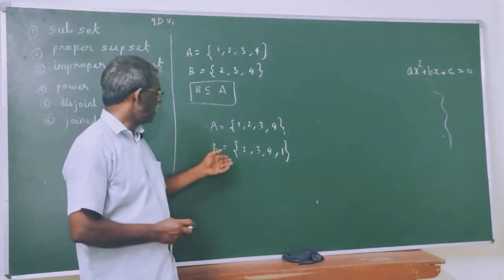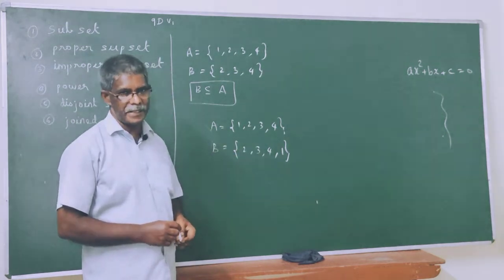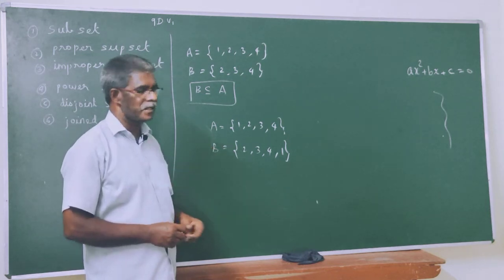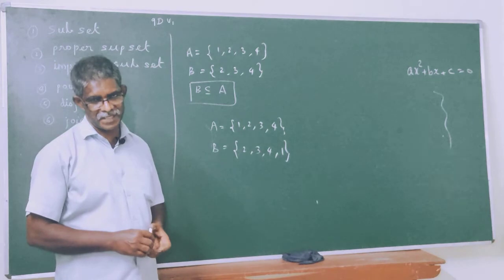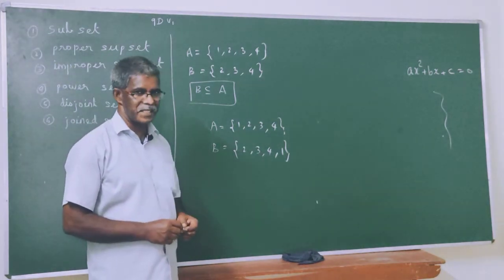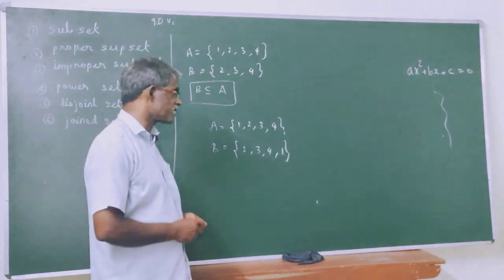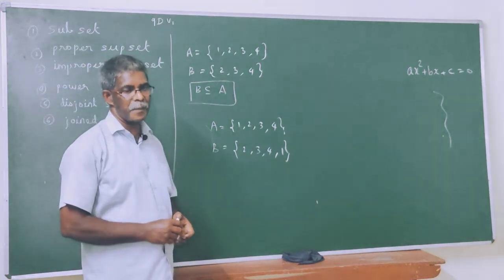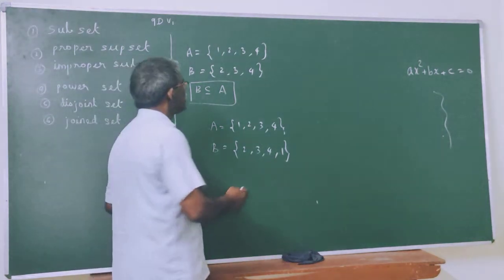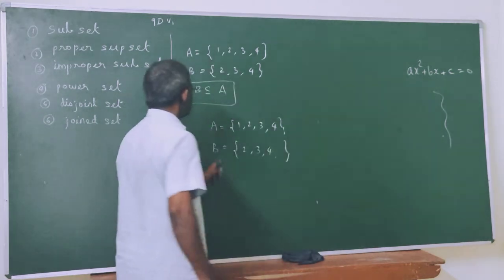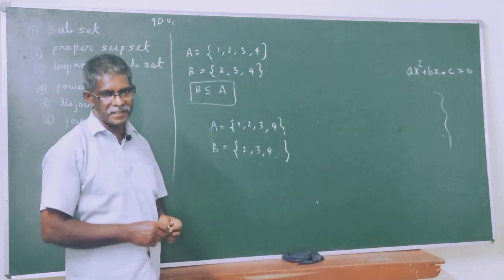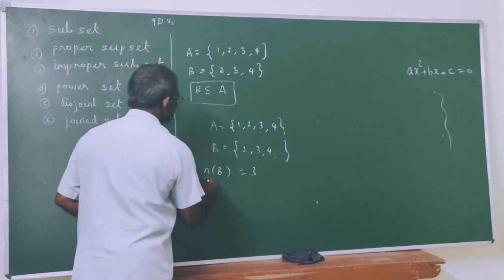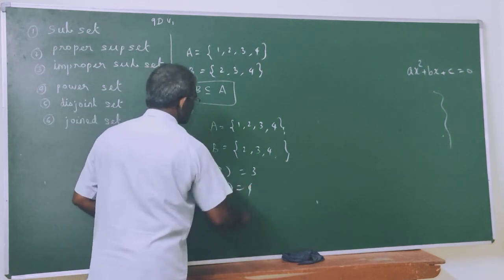And one more condition: all the elements of B are in A. Here B is contained in A, but A is also contained in B, so we can't say B is a proper subset. If it is a proper subset, at least one element must be fewer than in set A. Then only can we say B is a proper subset of A. So if you remove the 1, now B is a proper subset of A. The reason is n(B) equals 3 and n(A) equals 4.